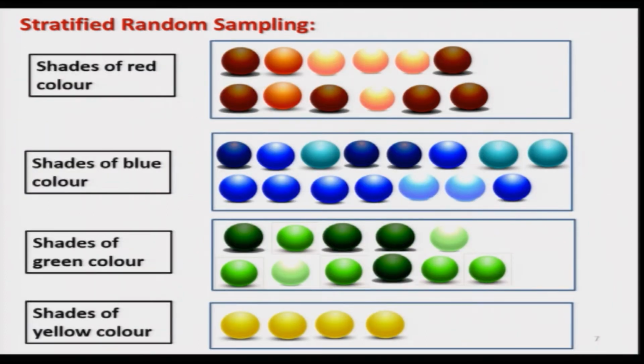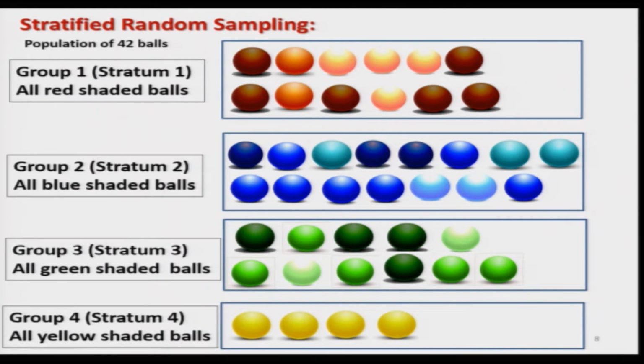Here I have taken the balls of different shades of red. In the second group, I have taken balls of different shades of blue, similarly in the third group green, and finally in the fourth group I have taken all the balls of yellow color. Well, in yellow there are no shades, there is only one color. That may be possible. This is the most perfect group, which has the least variability.